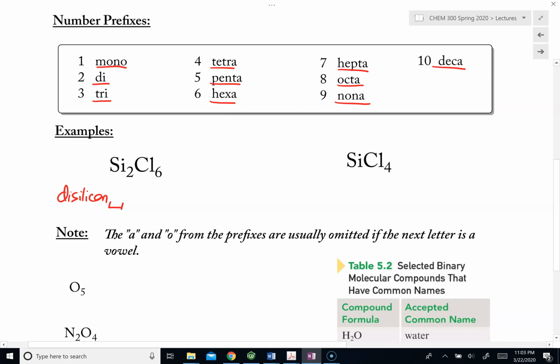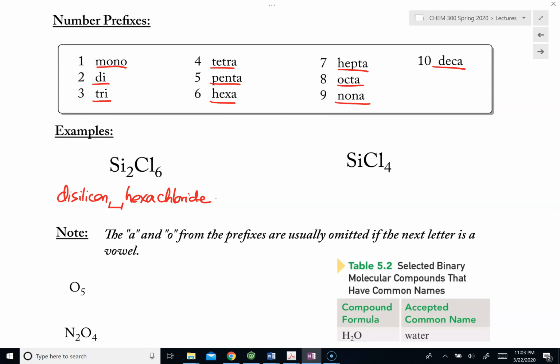The second element is chlorine, and we have 6 of it. In this case, we change the ending of the second element to IDE, so chlorine becomes chloride. So in this case, hexachloride. That's how we would name this molecule.